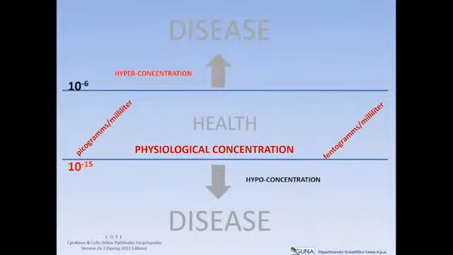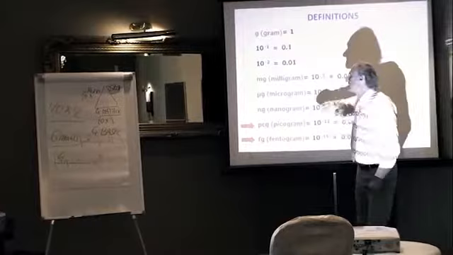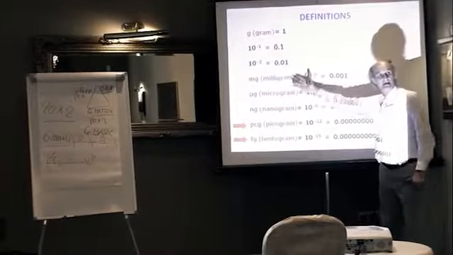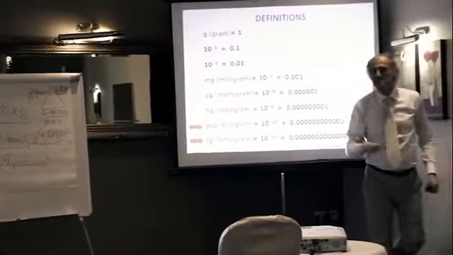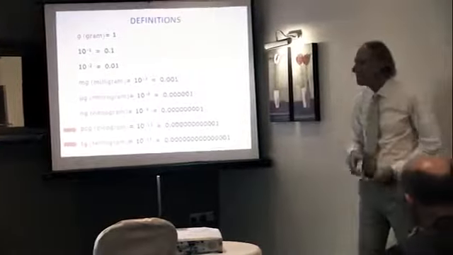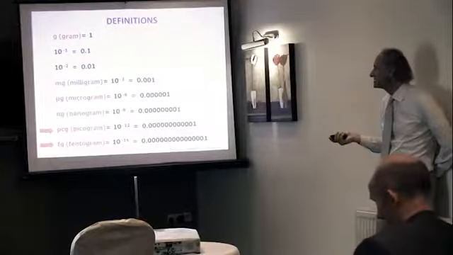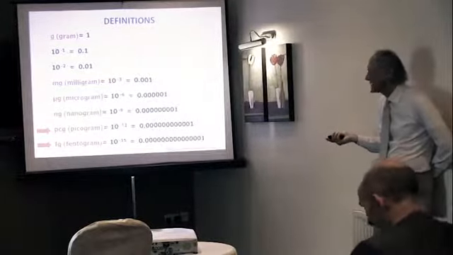We are used in pharmacology to think in terms of grams, a gram of antibiotic, or milligrams. Hormones, neuropeptides, cytokines, growth factors are in our body at the concentration of 10 to the minus 12.